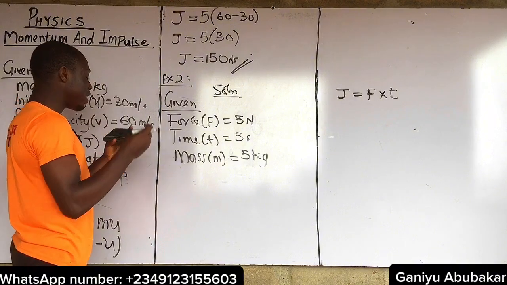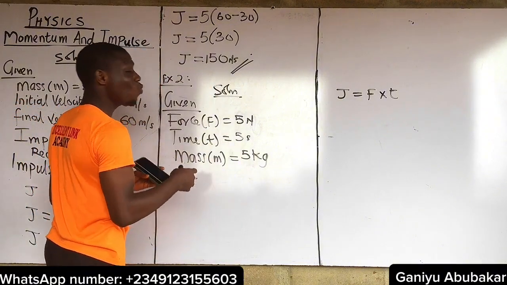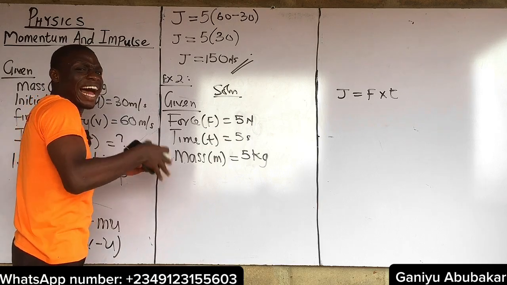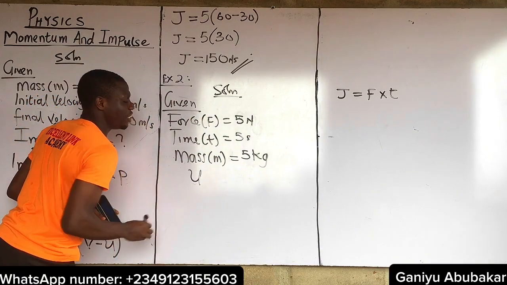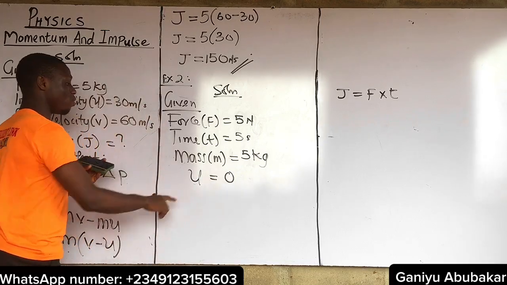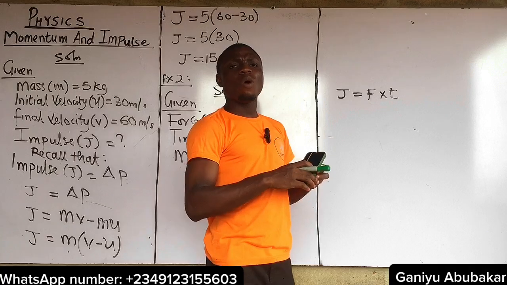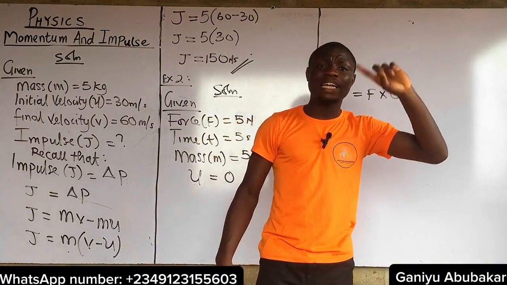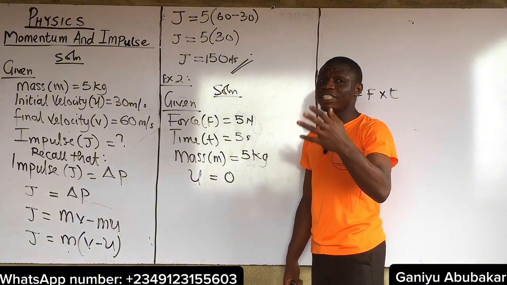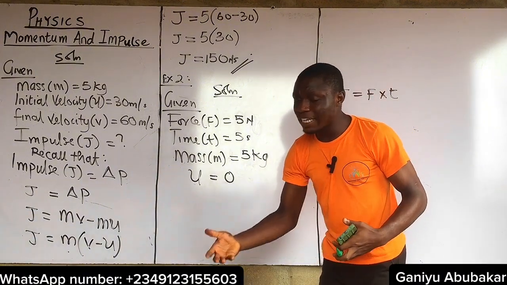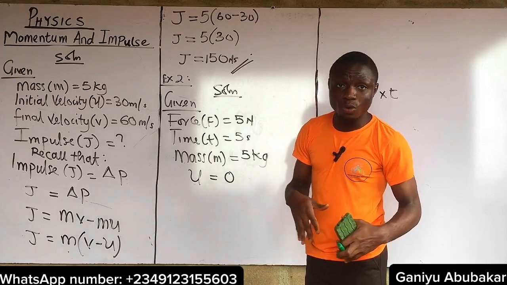Observe that you are hearing that initially at rest. So when a body is initially at rest, it means that its initial velocity is equal to 0. That is, u is equal to 0. Very, very important. When we discussed the concept of motion in our last video, I established that when a body starts from rest, its initial velocity u is equal to 0.